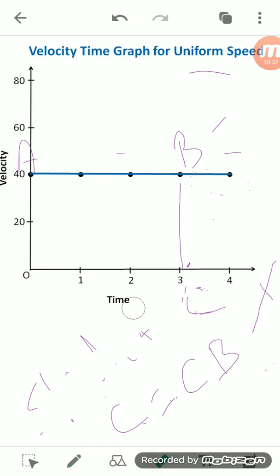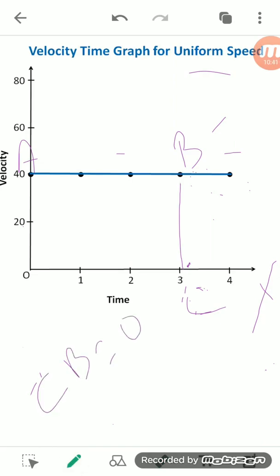So the speed at C is equal to OA, and the time is OC.